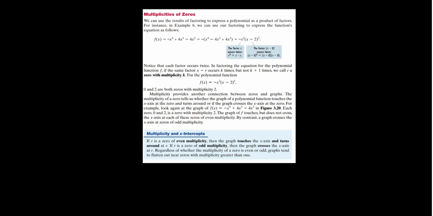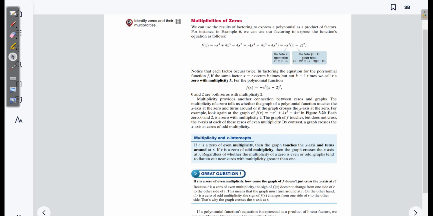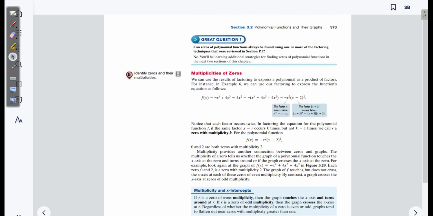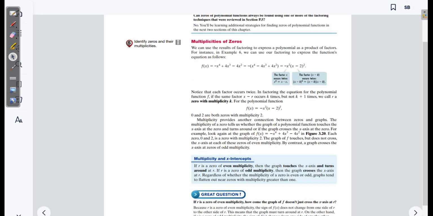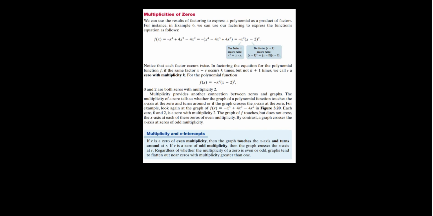So the definition of the multiplicity: if r is a zero of even multiplicity, right? R is basically standing for root. Let's see if it actually shows x minus r here. Okay, it doesn't, so it's giving us a variable. The r basically is the root, right? x minus r.